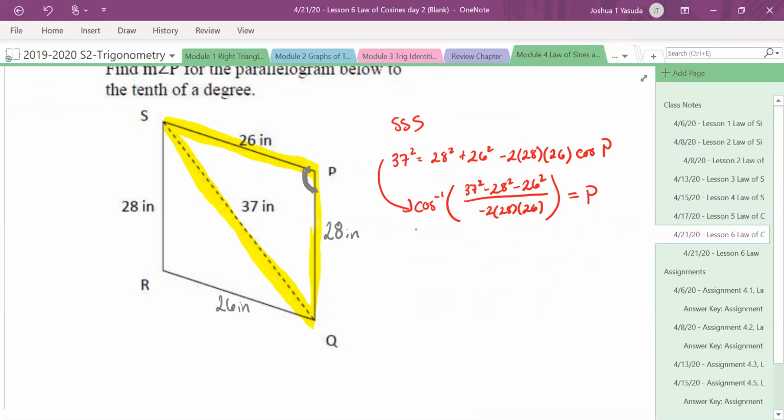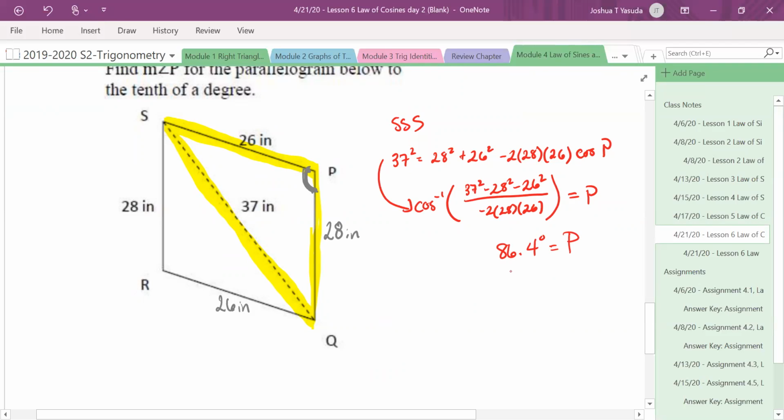So inverse cosine of 37 squared minus 28 squared minus 26 squared all over negative 2 times 28 times 26. It says round to the nearest tenth, so I get 86.4 degrees for P. Boom, done.